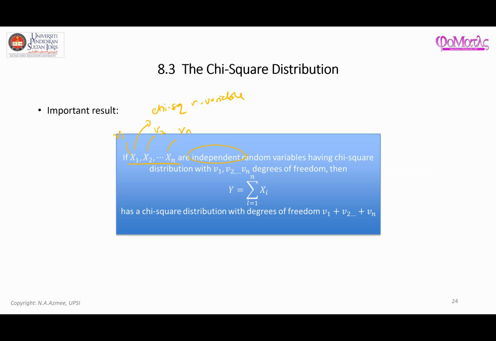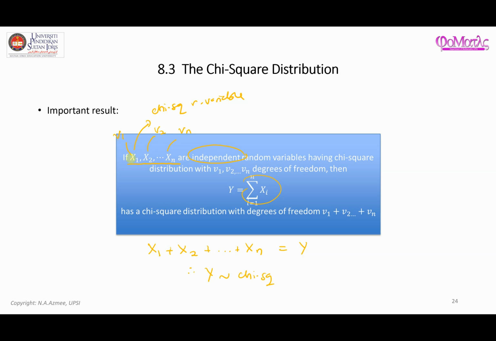They are all independent. Therefore, consider the process of adding up all these independent random variables, which means you have X1 plus X2 plus and so on up to Xn. For simplicity, we call it Y. Y here is going to be a chi-square distribution as well, because each of them has a chi-square distribution.